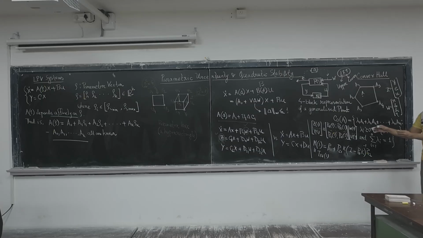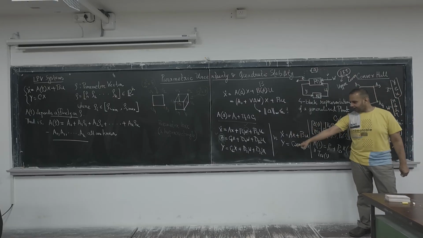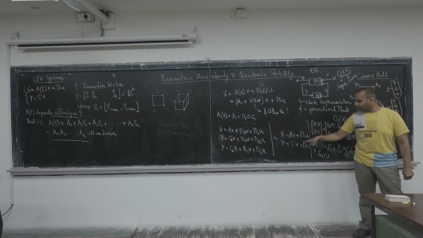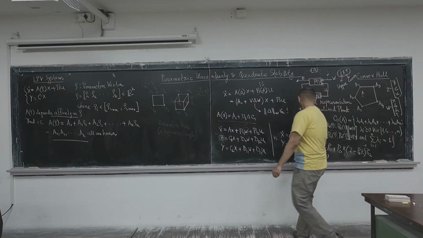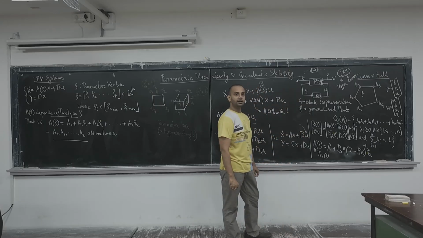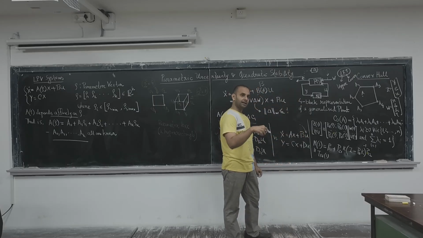So this grouping is called the 4-block representation of a generalized plant. Now you can ask, sir, why the name generalized plant? That is because of this structure. Earlier we had only x dot equals Ax plus Bu, y equals Cx plus Du. You see that u is the control input. But so far we didn't consider the exogenous signals like d_i, d_o or w separately.